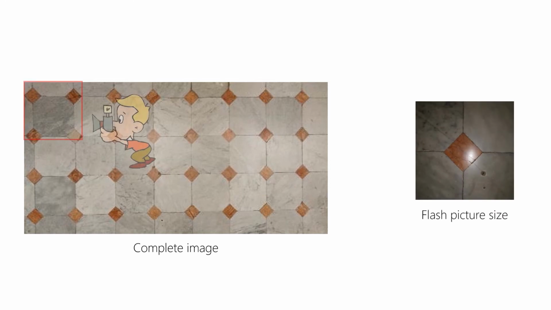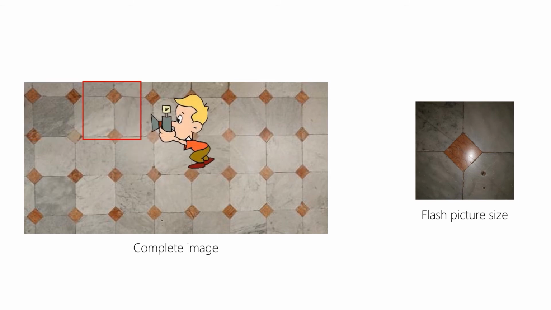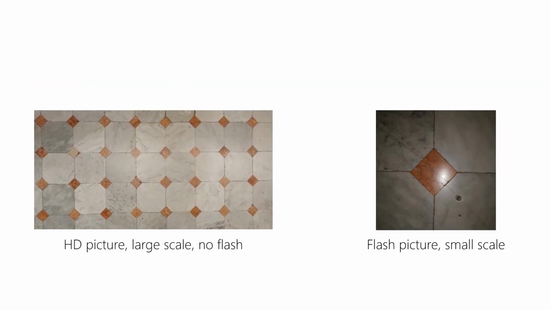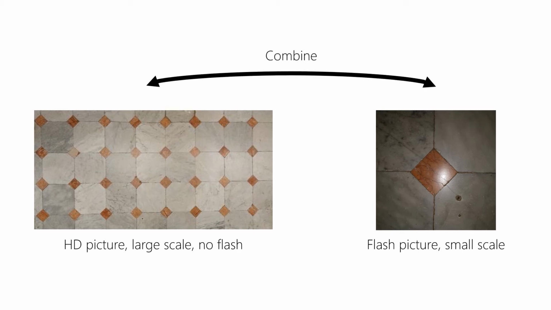So to avoid having to carefully capture multiple images, we propose to combine the information available in a picture with flash, for which we know how to extract the material information, with an image of the large-scale surface.